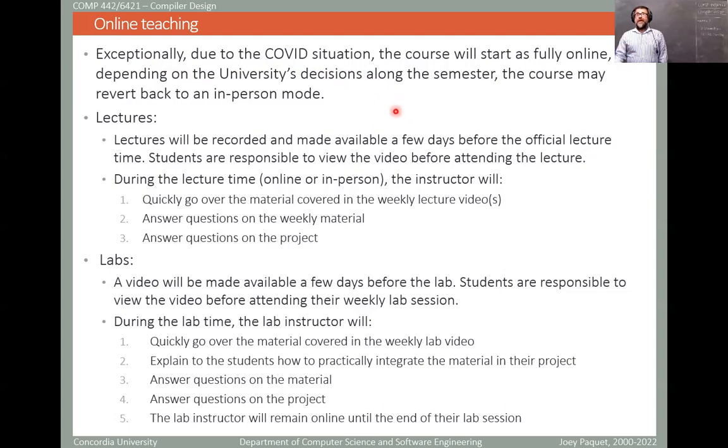And let's be realistic also: even if we are told to go back in person, it is possible it is going to go for the worse again with COVID, in which case we're going to go back to online. So I've organized the course so that it's flexible and we can continue seamlessly even if it goes on and off, online to in person.